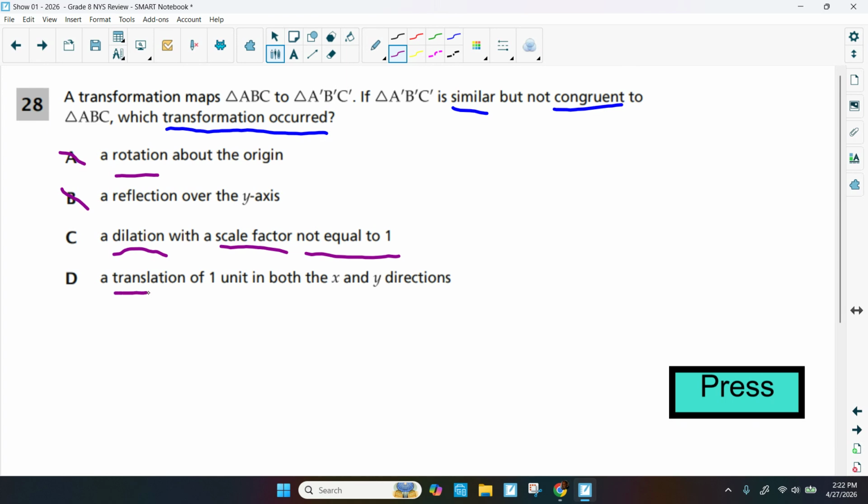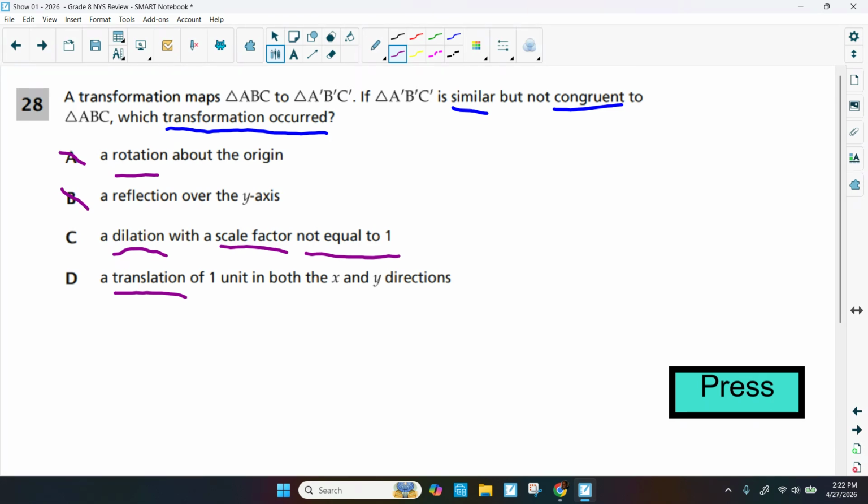Translation. I had a good video on translation doing the Michael Jackson slide. So it's not going to be sliding to the left or right by 1 unit, because it's going to be the same exact figure.